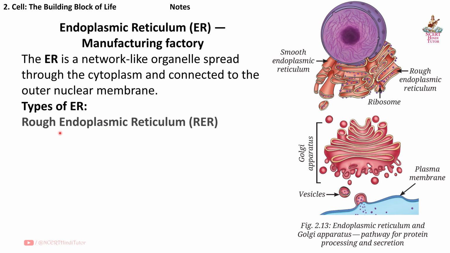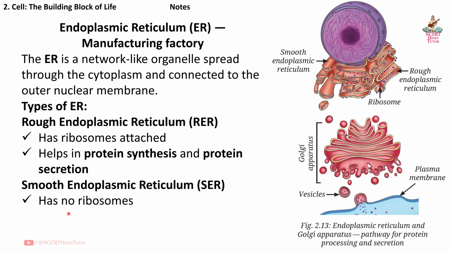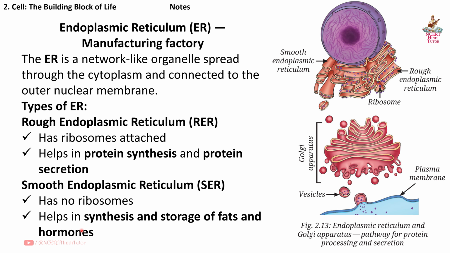Types of ER: rough endoplasmic reticulum, RER, has ribosomes attached, helps in protein synthesis and protein secretion. Smooth endoplasmic reticulum, SER, has no ribosomes, helps in synthesis and storage of fats and hormones.